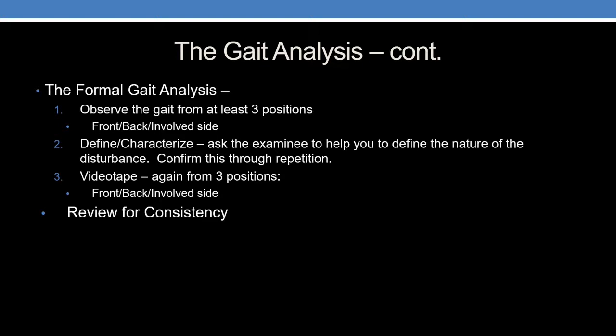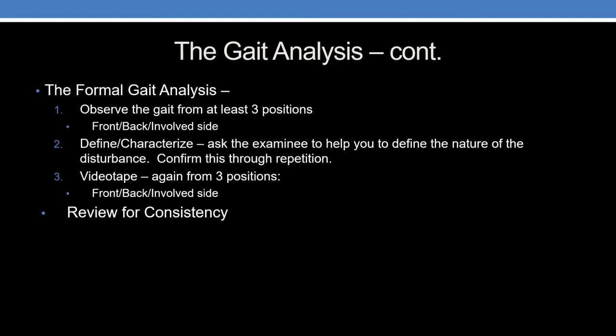So, for example, if this injured worker has an L5 radiculopathy that's caused a drop foot on the left, you're going to watch the injured worker as they walk towards you, as they walk away from you, and as they walk alongside of you, with yourself positioned to the left side to have a clear vision of the left drop foot.